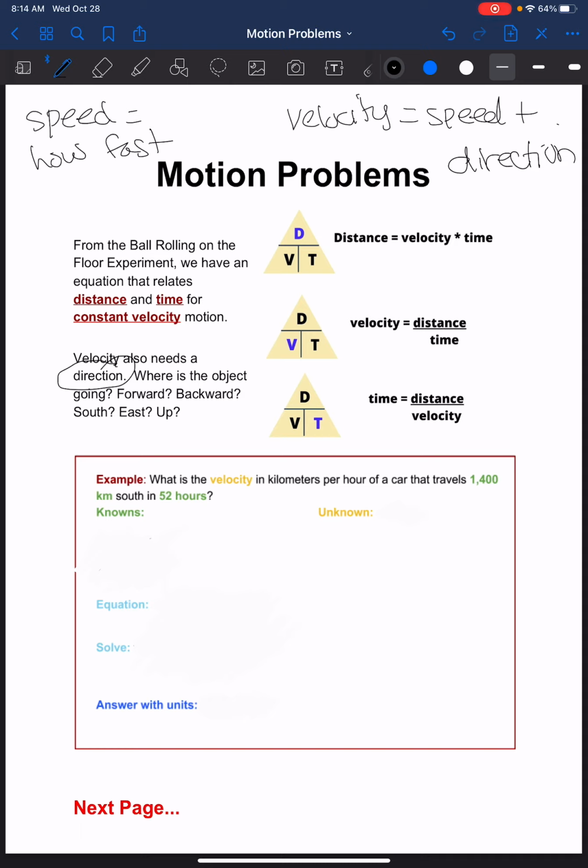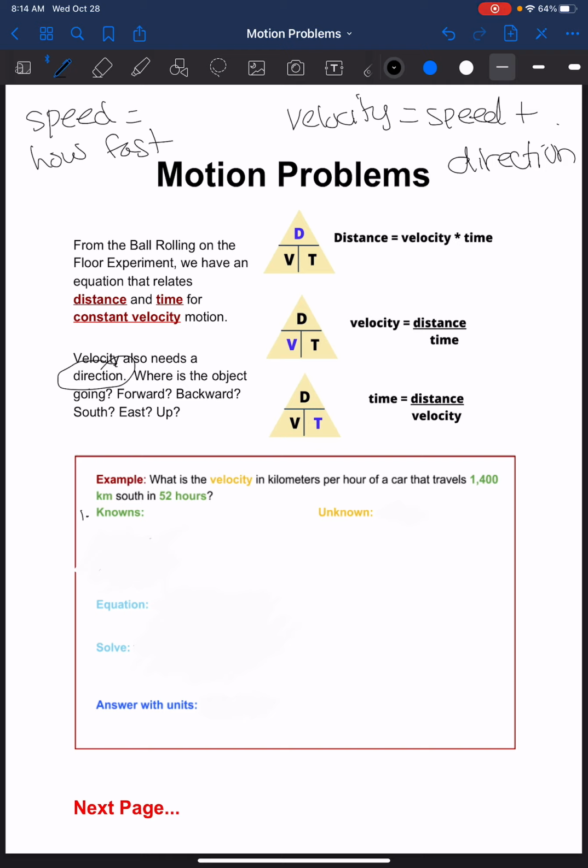What is the velocity in kilometers per hour of a car that travels 1400 kilometers south in 52 hours? So we've never used this structure before, but basically what it does is it breaks down this problem from what we need to do first. So step one is to always identify what is it that we know.